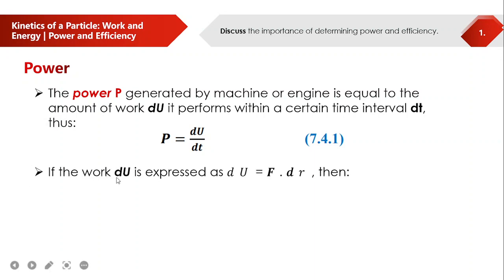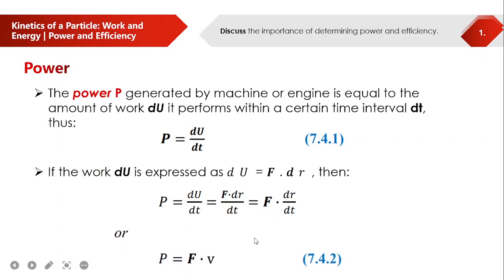If the work dU is expressed as dU equals F dot dr, then this changes to P equals F dot dr over dt. Therefore, we can change that to P equals F dot v.